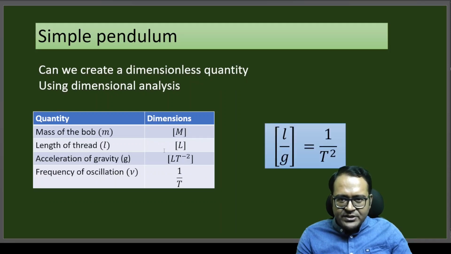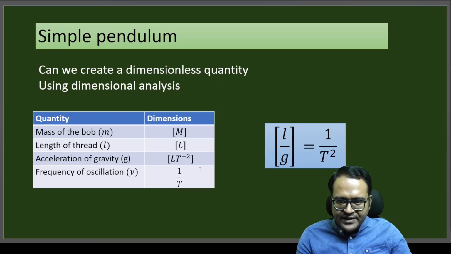We say the dimension of length of the thread divided by the acceleration of gravity is nothing but 1 by t square. M does not appear in this. So if we divide the dimension of length and dimension of gravity, I get 1 by t square, and that directly depends on frequency of oscillation.